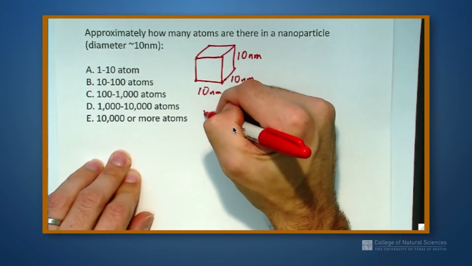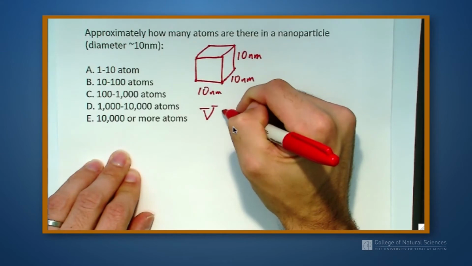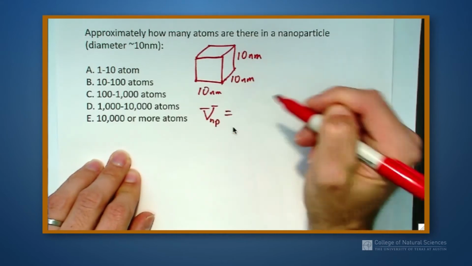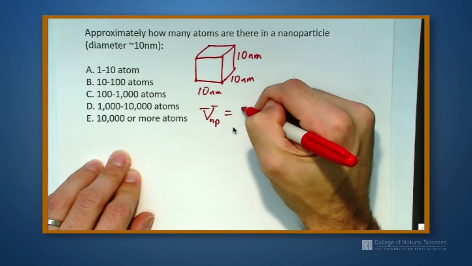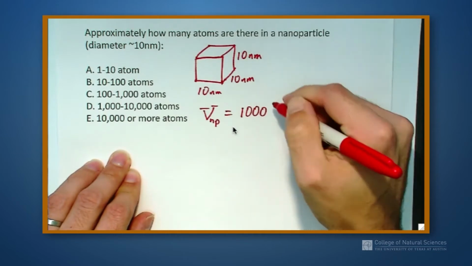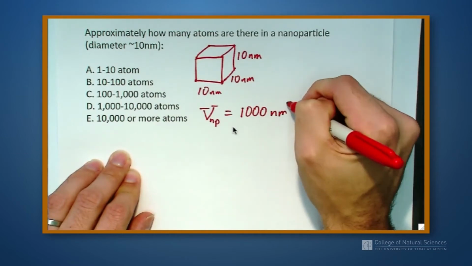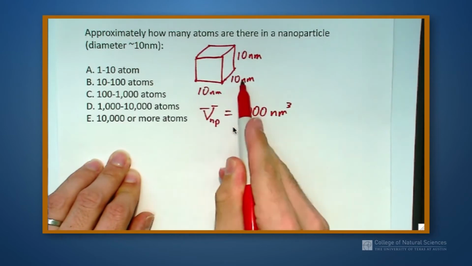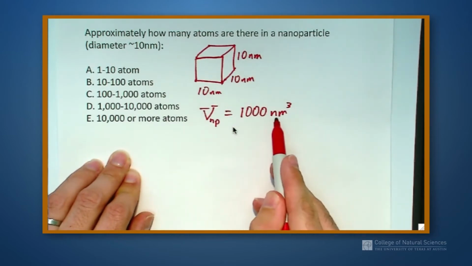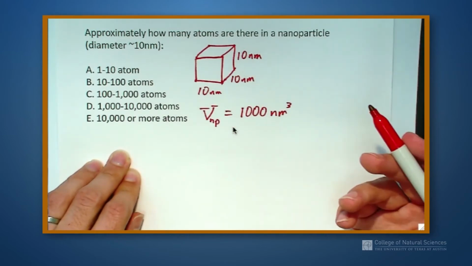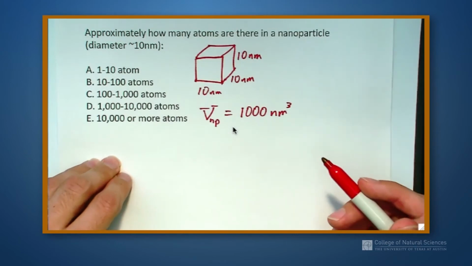So I know that the volume of the nanoparticle is equal to 10 times 10 times 10, 1,000 nanometers cubed. Well, I need to know how big an atom is.